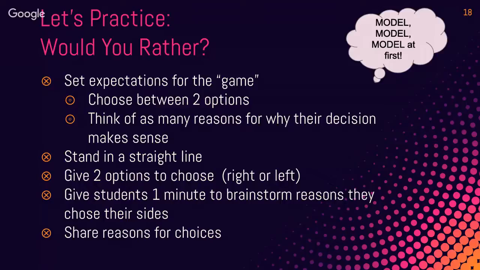So have them move to either side, give them about a minute or two to talk to an elbow partner about why they chose to go to that side, and then have a share out of reasons for going to their sides.